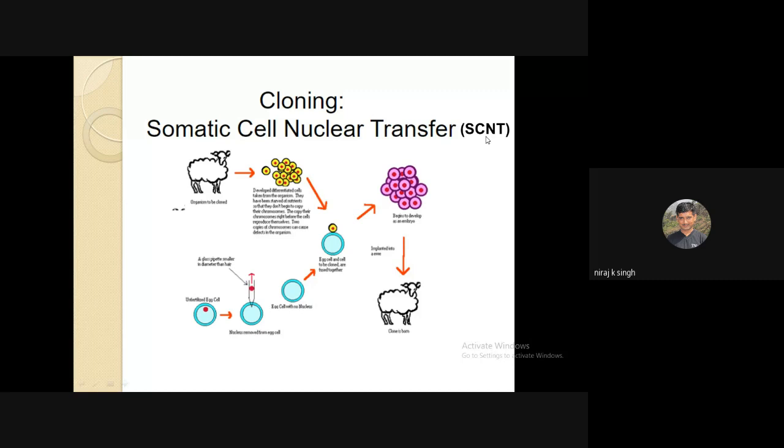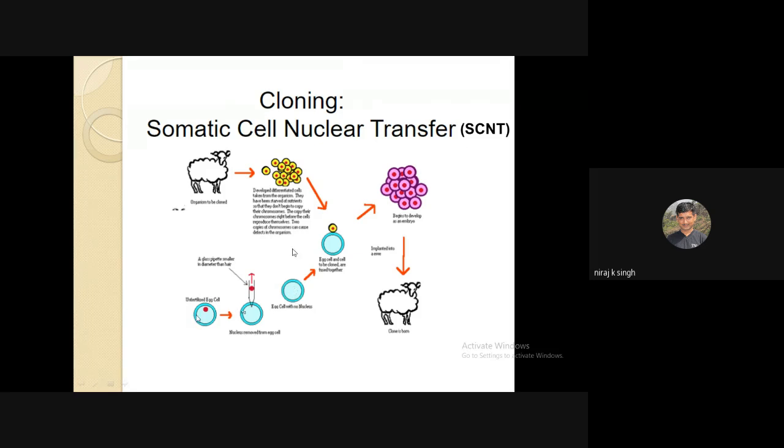So cloning is nothing but a process in which an enucleated ovum is used. So how do we do it? First, we have to collect the ovum from a female. Then we have to remove all the genetic material, that is the nucleus, the haploid nucleus. Now the ovum is completely enucleated. It does not have any nucleus.